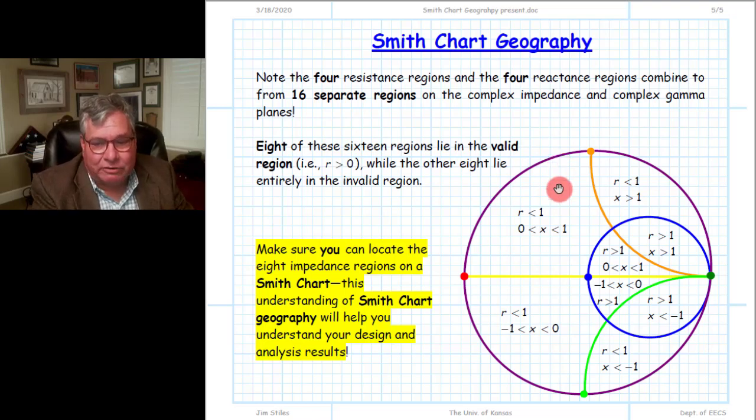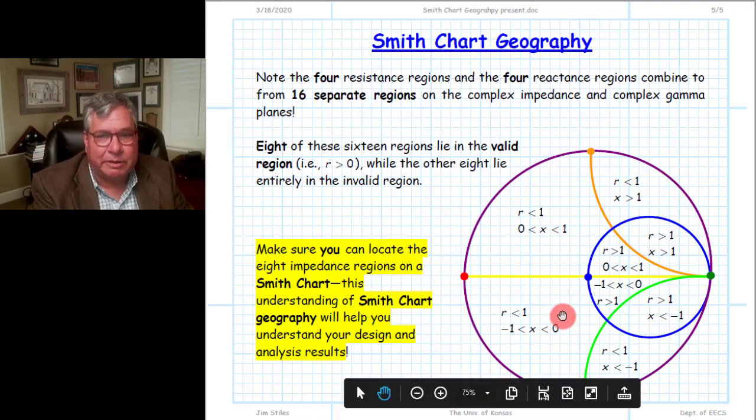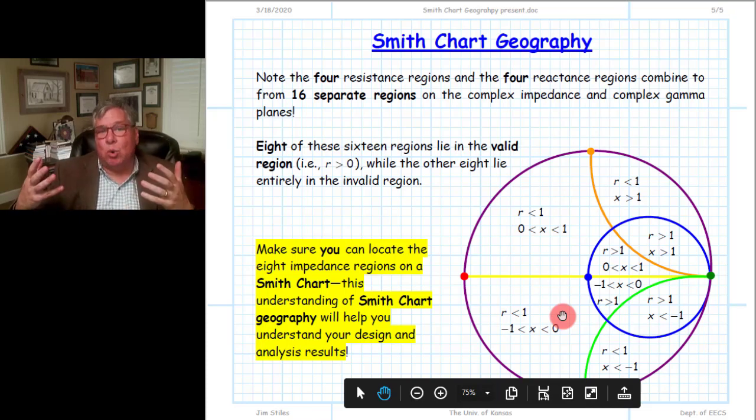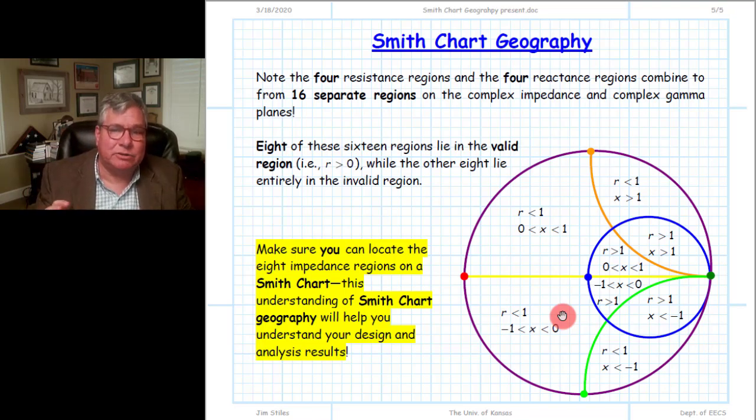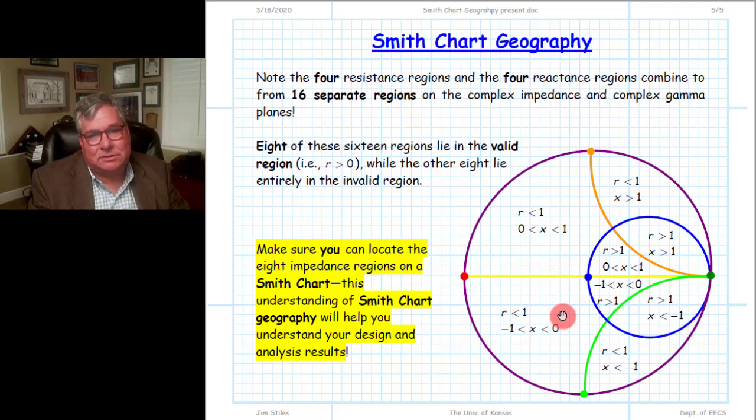What about some arbitrary location in our Smith chart? How do we know what impedance that corresponds to? If we map that point on the complex gamma plane back to the normalized impedance, what would the resistive component and the reactive component, the real and the imaginary component, be? Well, that's the beauty of the Smith chart: we can take that point, lift our pencil, and see where the contours intersect, and we can determine the impedance it corresponds to.